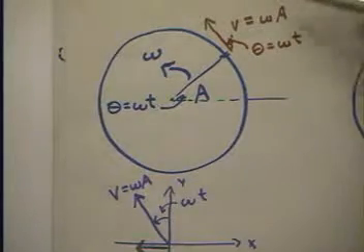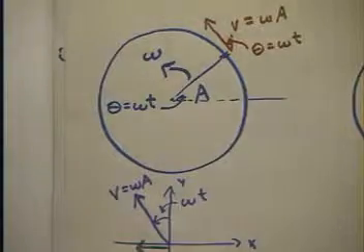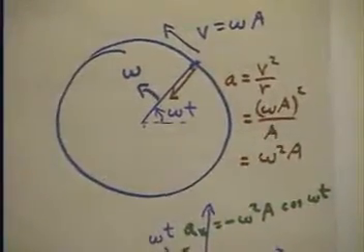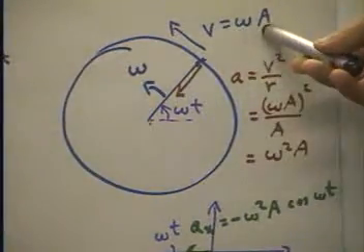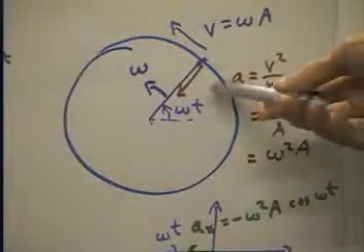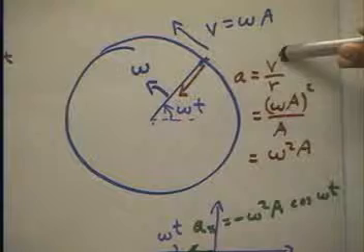That's something we should know pretty well by now. What's that do to the acceleration? Well, at this instant, velocity equals omega a, and the acceleration is back toward the center of the circle, a centripetal acceleration whose magnitude is v squared over r.